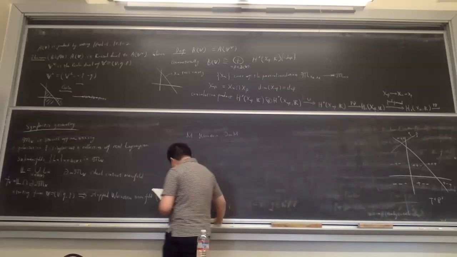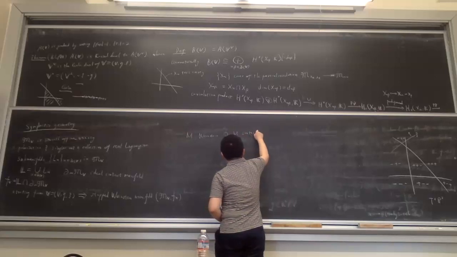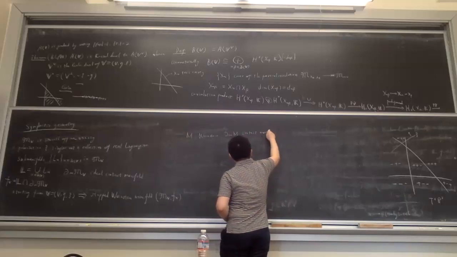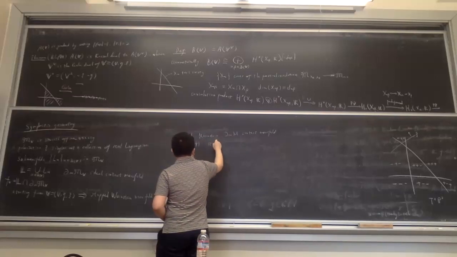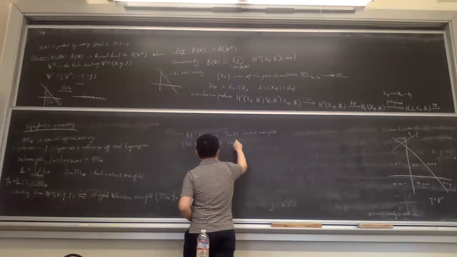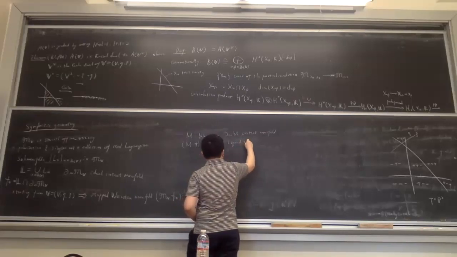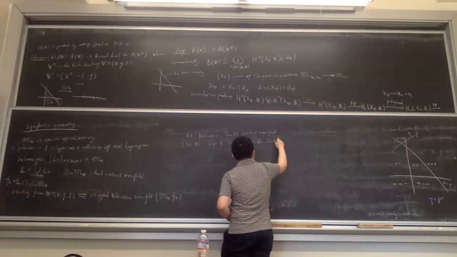So this is a contact manifold, and the stop F is additional data, which is a Legendrian inside this contact manifold.